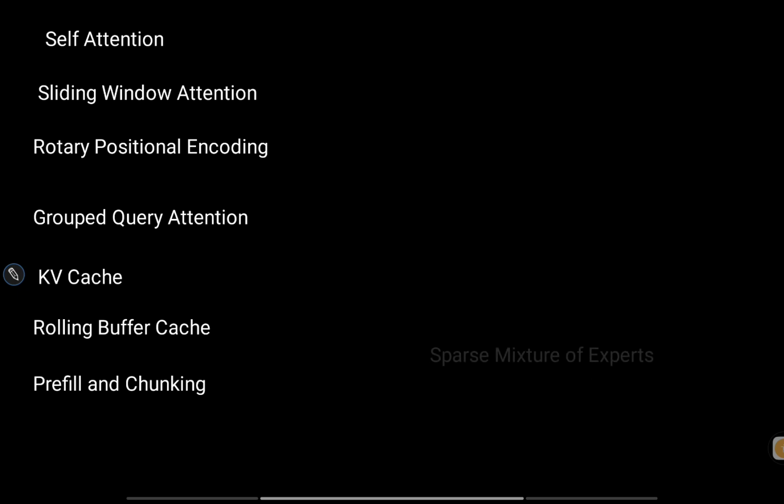After that we will talk about grouped query attention. Then we will talk about what KV cache is. Taking the concept of KV cache, we will also talk about the rolling buffer cache, what it is and how it functions in Mistral. Then we will talk about prefill and chunking, and then we will slowly move into the Mixtral, which is 8x7B, a mixture of experts model.